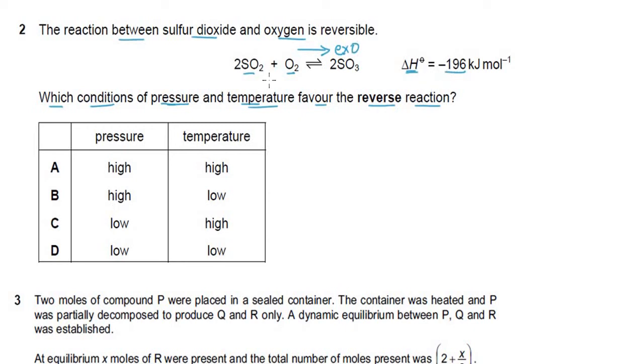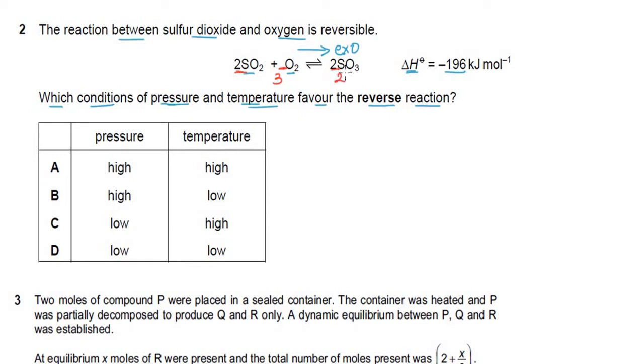So to understand the effect of pressure, we should know the total number of moles on both these sides. Here we have 2 plus 1, that is 3 moles of reactants reacting and 2 moles of products formed.